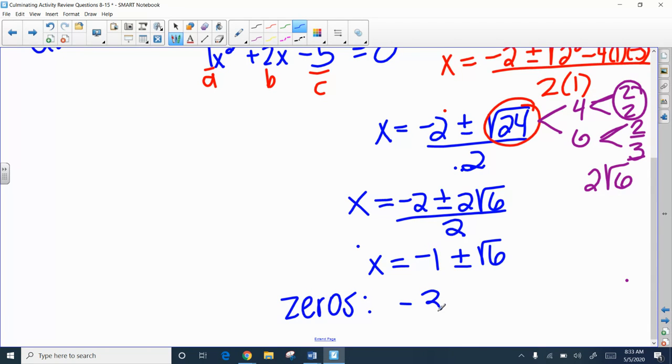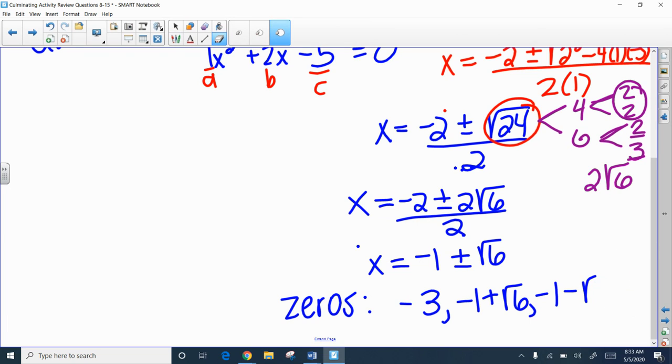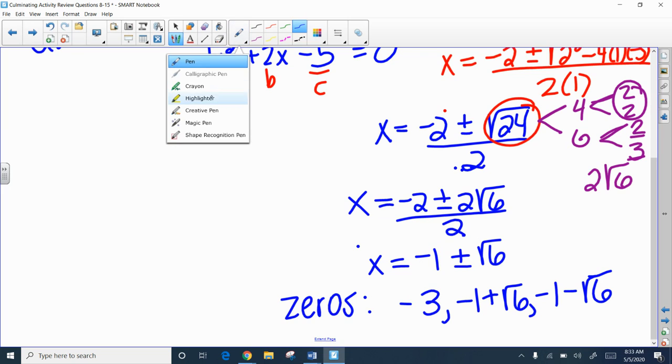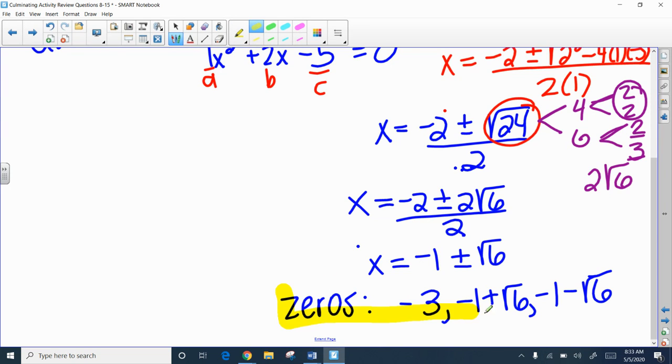Our zeros would be negative 3, negative 1 plus square root of 6, and negative 1 minus square root of 6. So of all the problems we've done, this one takes probably the longest. The rest are pretty quick. All right, so there's our zeros there.